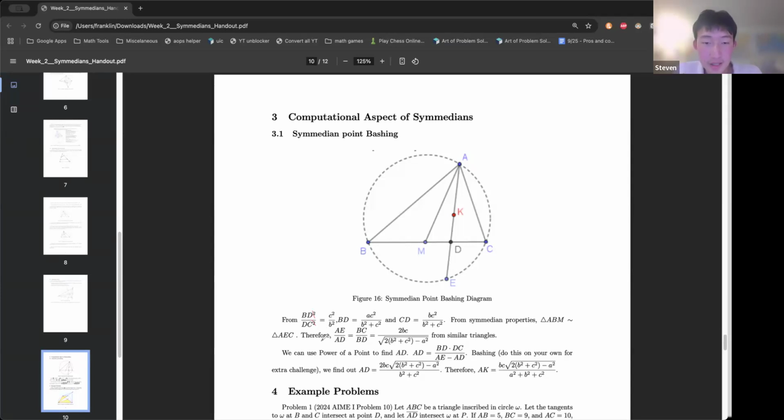Our goal for this project is to bash out every single length in this diagram. Let's first bash out BD and CD. This is going to be the easiest bash.